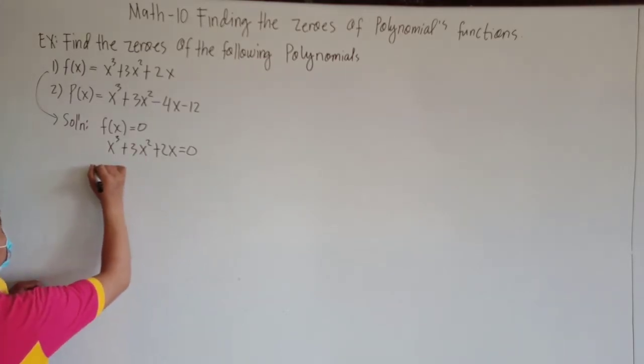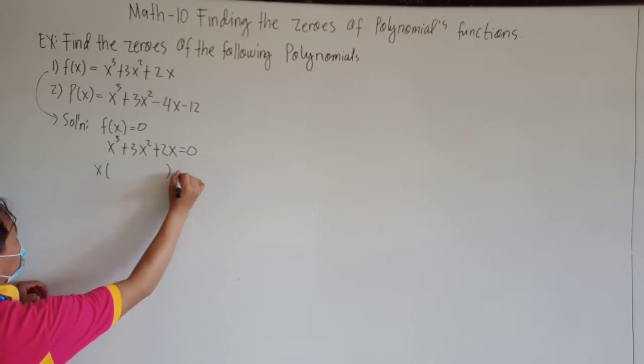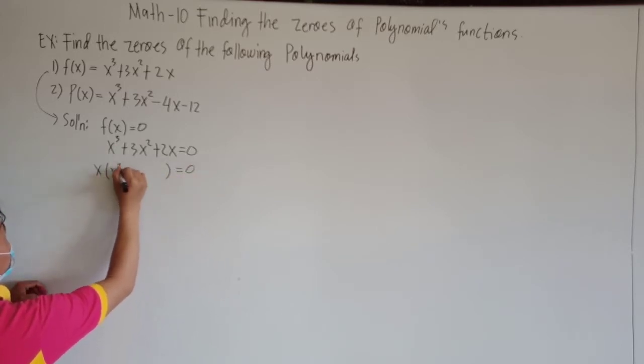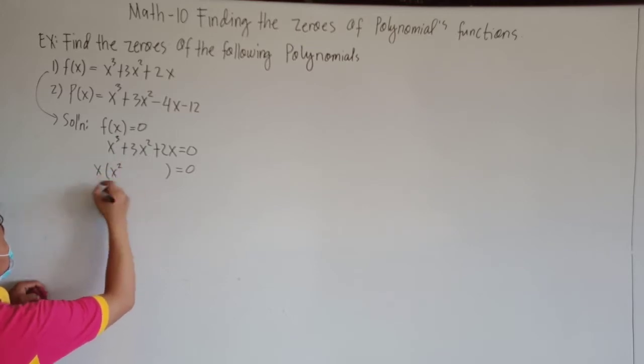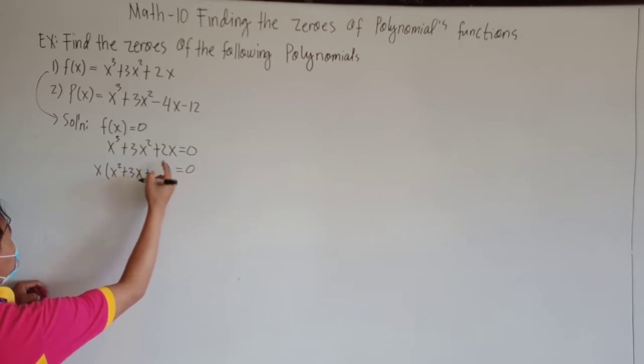Next, using removing common polynomial factor, we have x cubed divided by x is x squared, 3x squared divided by x is 3x, plus 2x divided by x is 2.